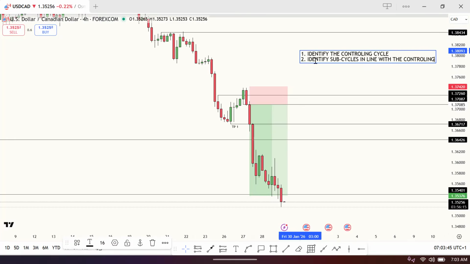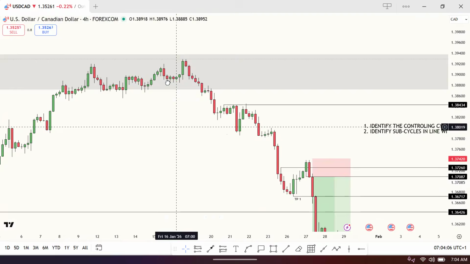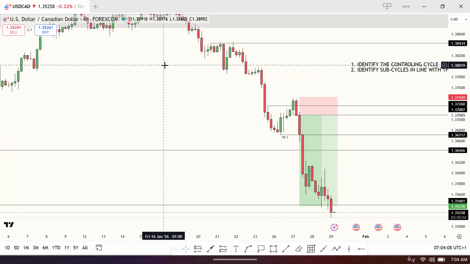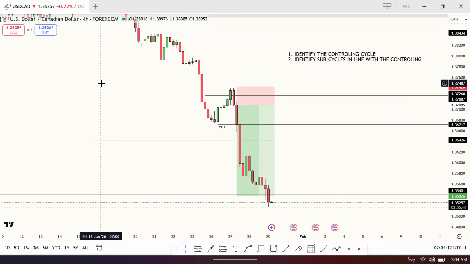The controlling cycle determines the trend. It determines the higher time frame bias. It determines the direction of the market. That is why I was selling USDCAD. And I have been selling USDCAD for a long time. I have been majorly bearish since last year on USDCAD. And I'm going to show you where the idea for the sells began.